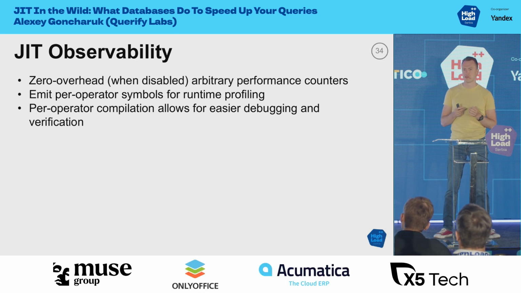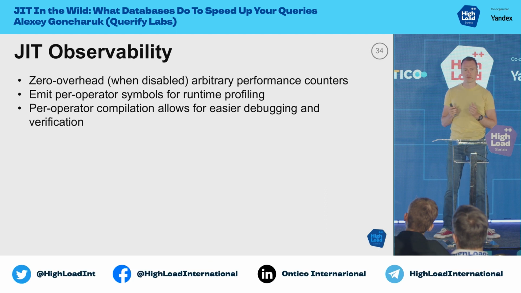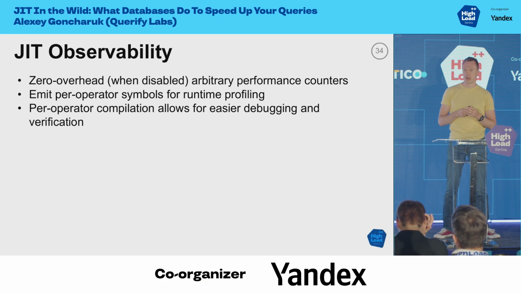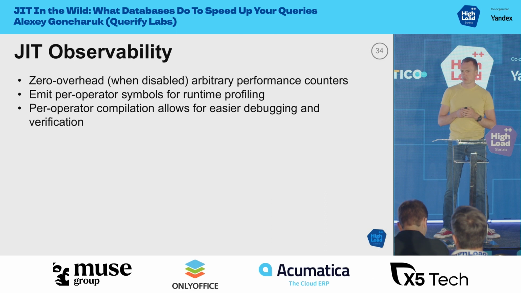For example, you can collect information about hash table collision statistics, number of skips in an open address hash table, and so forth. And since the code is generated at runtime, you may opt in or opt out of these performance counters. So essentially, this is a zero overhead observability instrument.